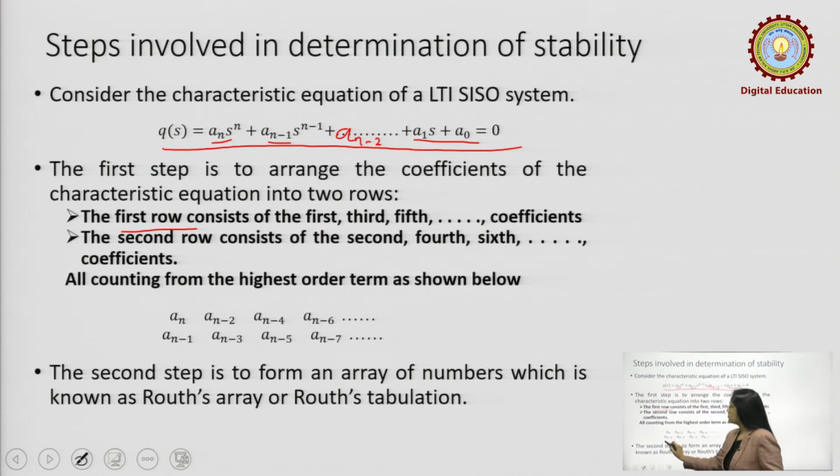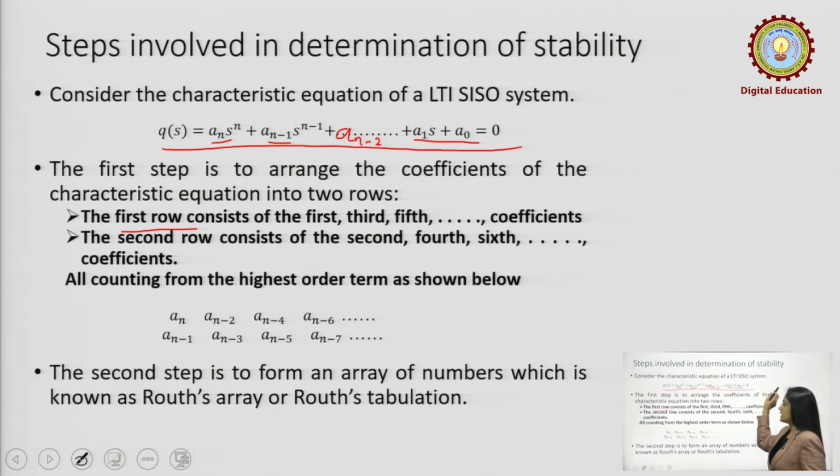Whereas, the second row will consist of the next coefficient a n minus 1, and then skip n minus 3, skip n minus 5, and so on. Thus, the second row is formed, all counting from the highest order term. So, the highest order term will be written here, and then correspondingly we arrange the first and the second rows. This is the first step.